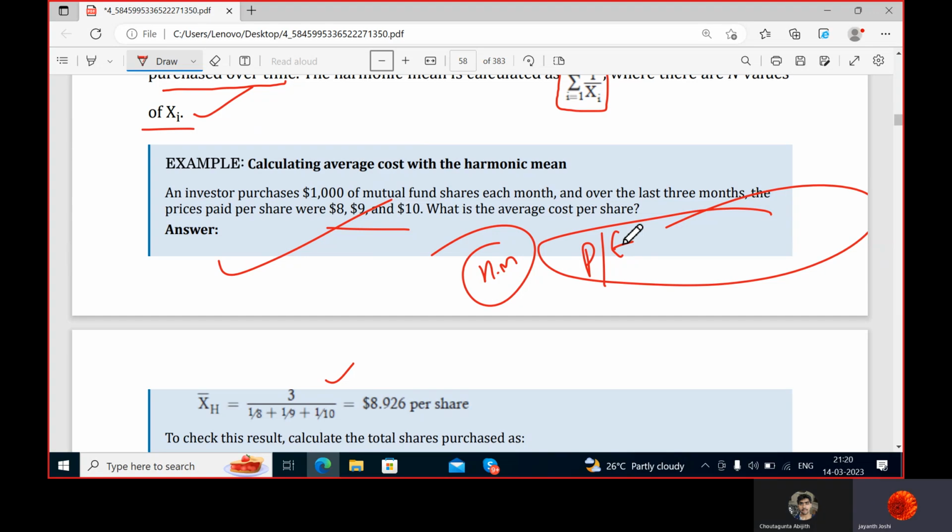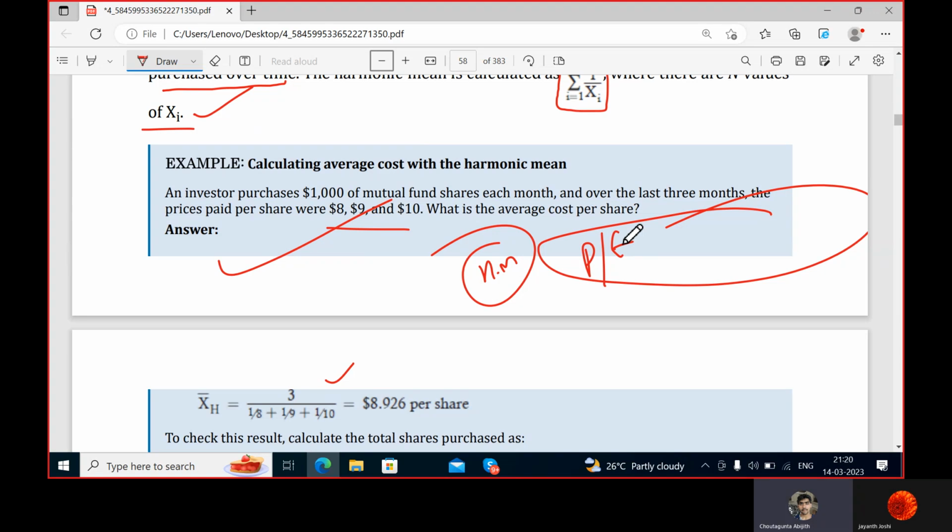Generally, harmonic mean and arithmetic mean are almost identical, but as we keep adding more values, the simple average or arithmetic mean overestimates the mean. So there harmonic mean makes sense, correct?